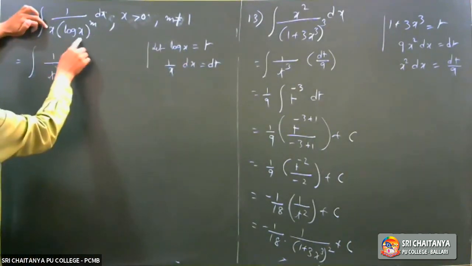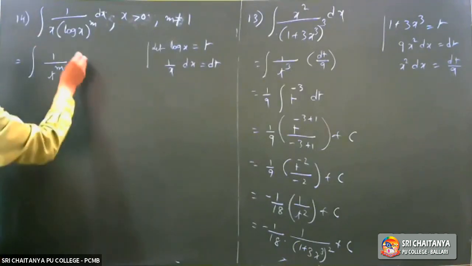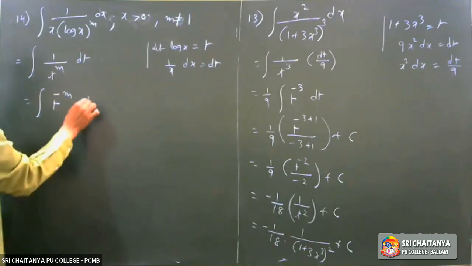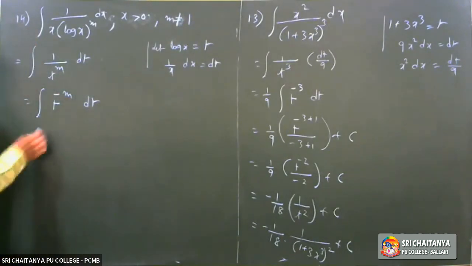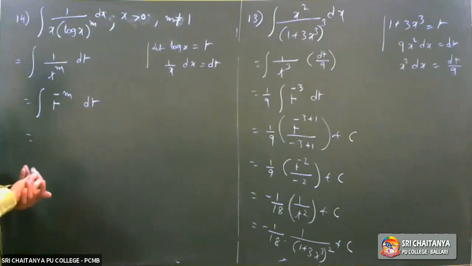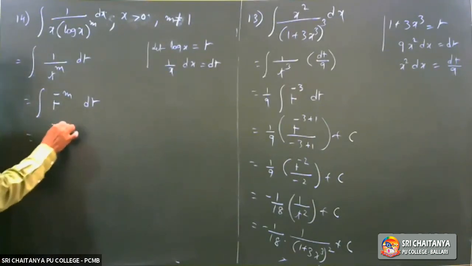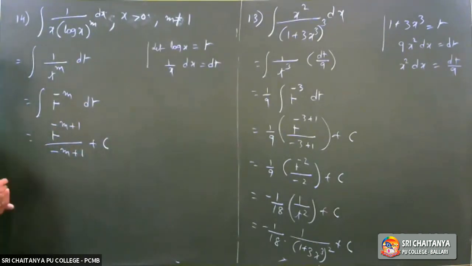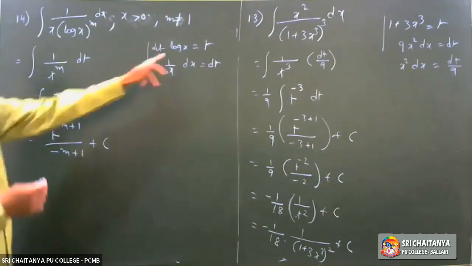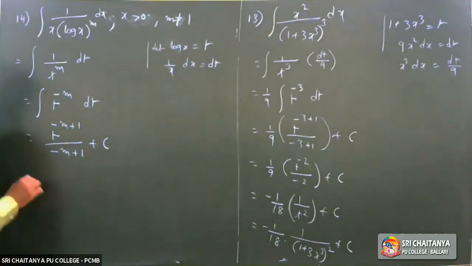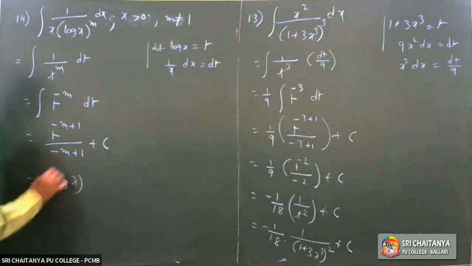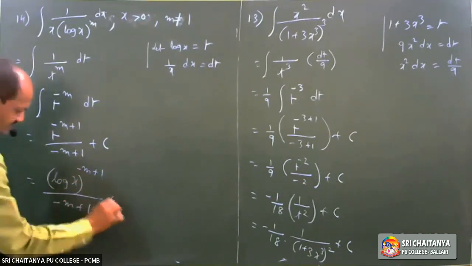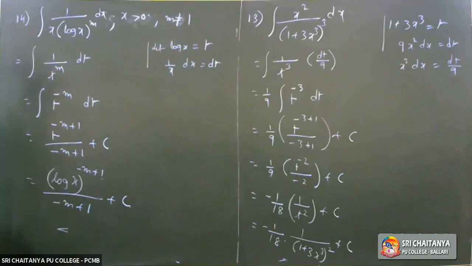This log x we consider as t, so integral of t power minus m dt. Now it is integral of x power n form: t power minus m plus 1 divided by minus m plus 1. Again instead of t, log x. So (log x) whole power minus m plus 1, divided by minus m plus 1, plus c.